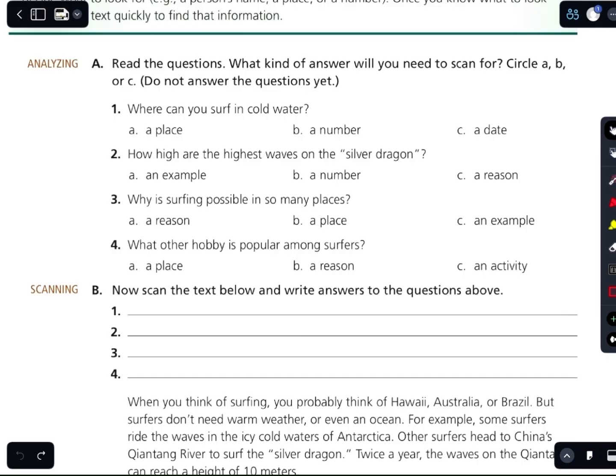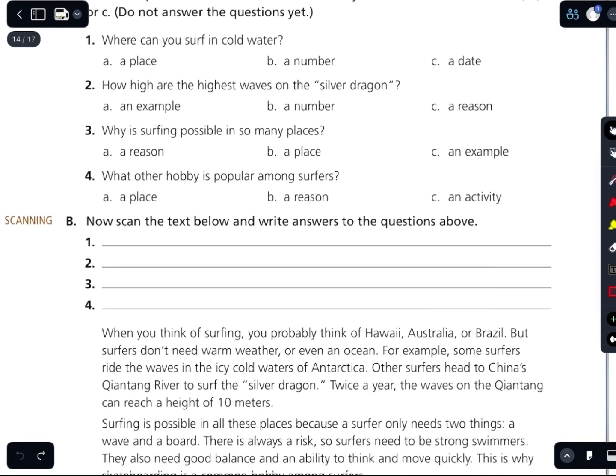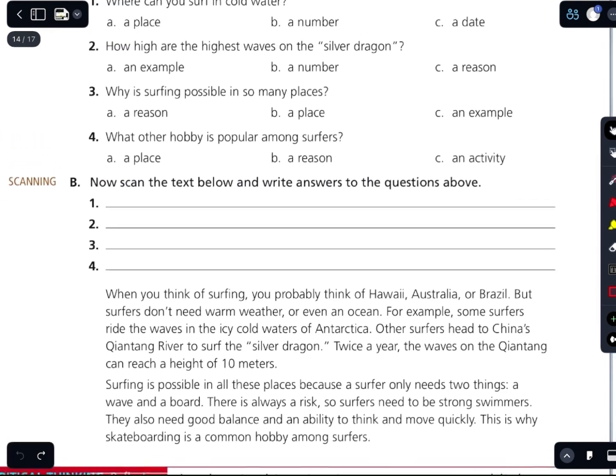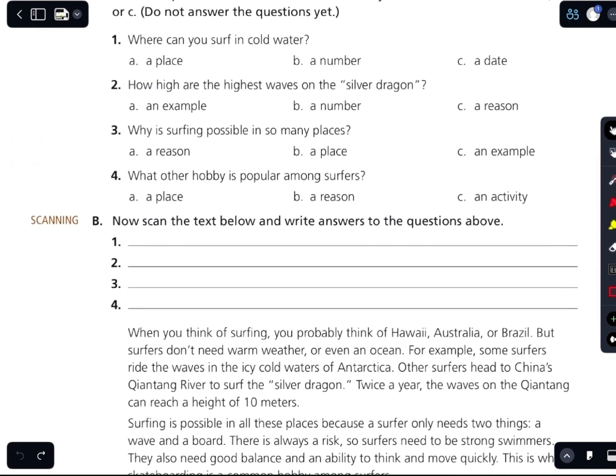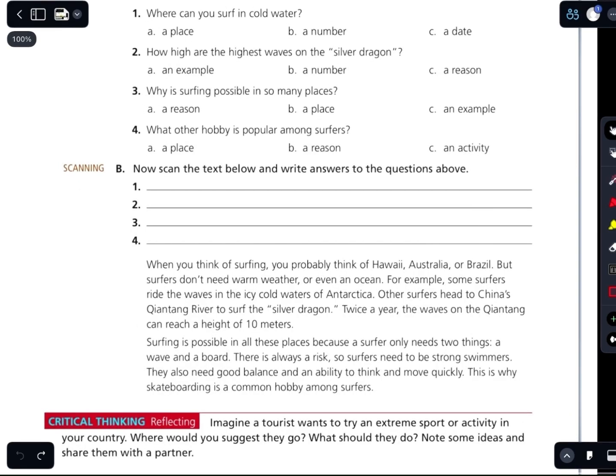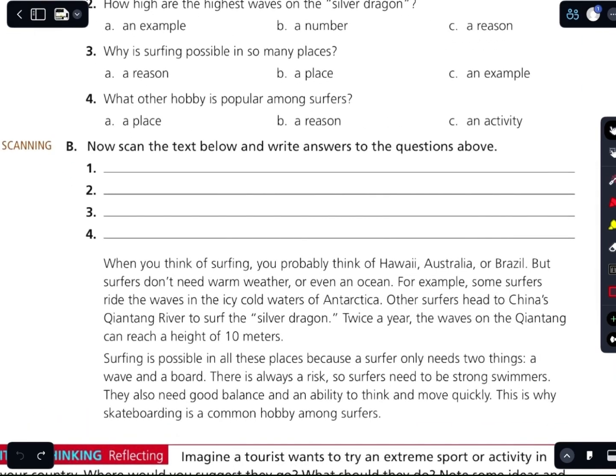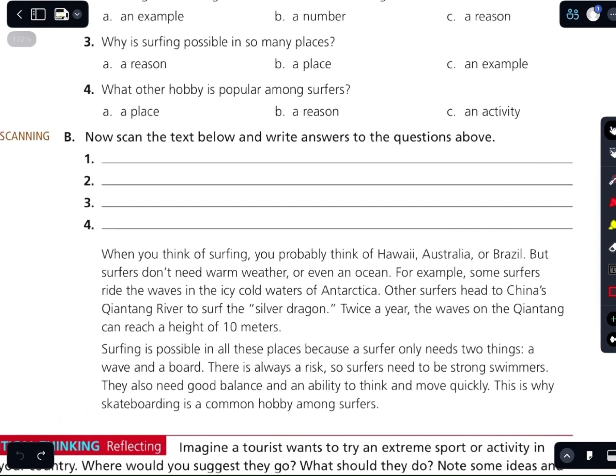Okay, scanning. Now scan the text below and write answers to the questions above. So we just looked at all this stuff, all these things we need, and we haven't read this passage yet, so we don't know, but we will find the answers by reading through it. And now it's good because we know what we're looking for. So this is a really good thing to do. If you want to plan your reading comprehension tasks, you can figure out first what you need to look for.